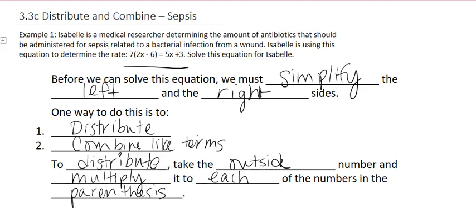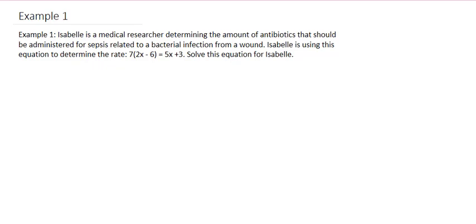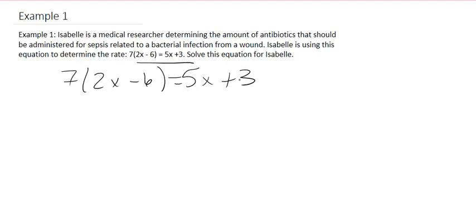So let's go to our example. We're going to write this out. We notice we have to distribute the left-hand side. So we do this by 7 times 2x, which is 14x. 7 times 6 is 42.